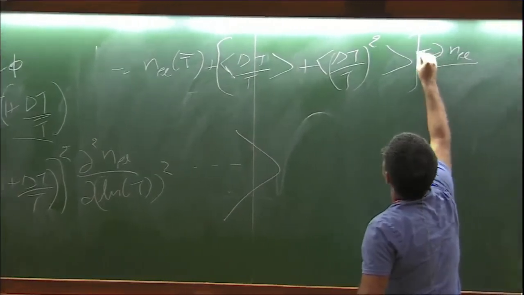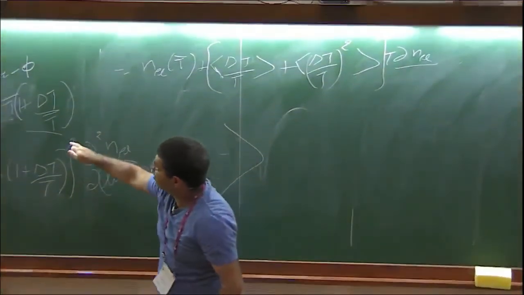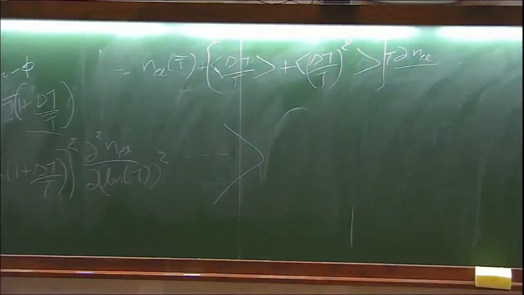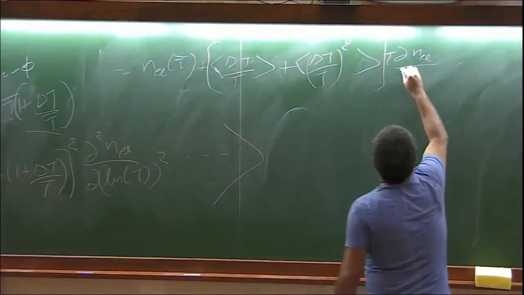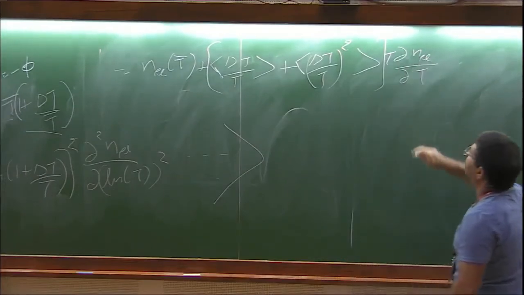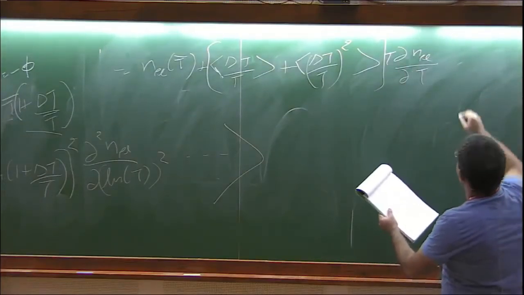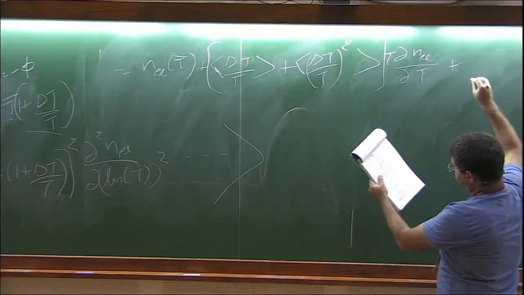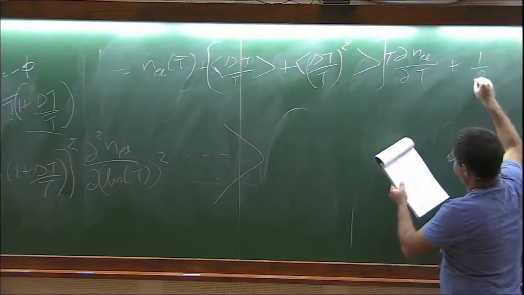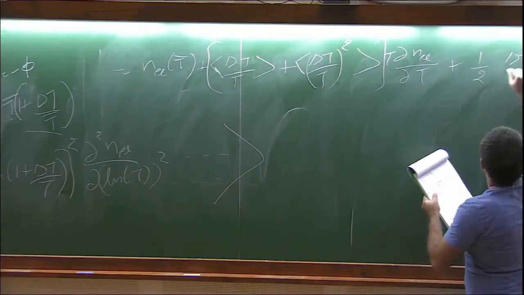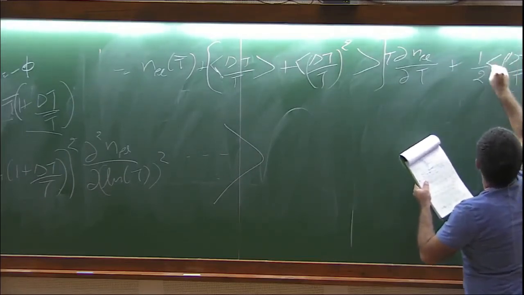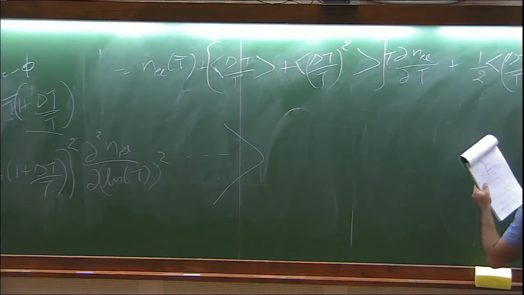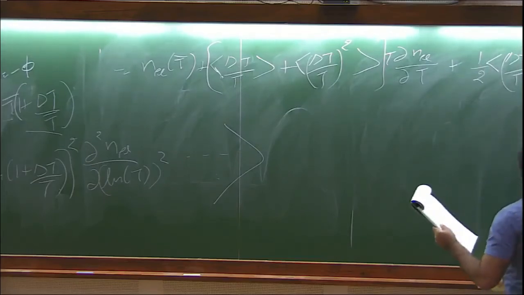This is T. The log T becomes T times 1 over T. This is a partial n over partial log T. That is just T partial n partial T, plus a second order term, which is 1/2 T to the 4.